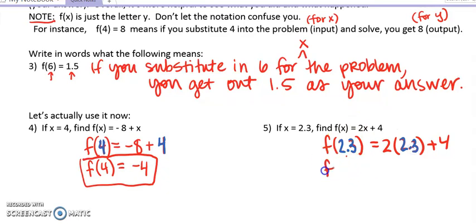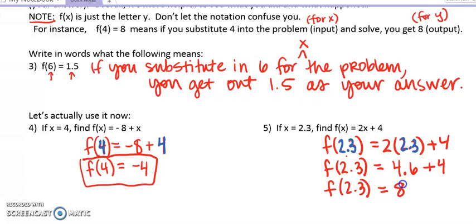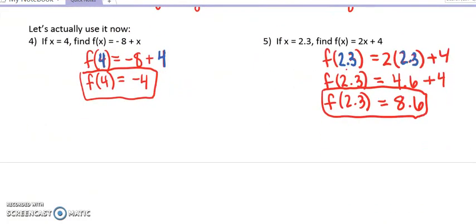So f of 2.3, remember it's just notation, just bring it down. Order of operations says I multiply next. So this would be 4.6 plus 4. And then I'm going to add those together, so f of 2.3 equals 8.6. And you're done. So if I put in 2.3, I get out 8.6.